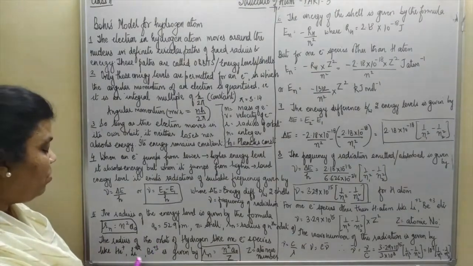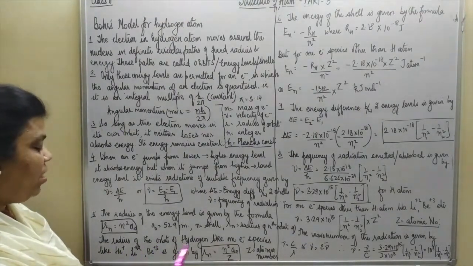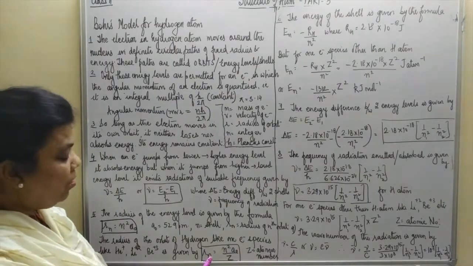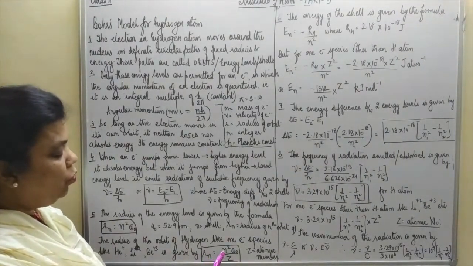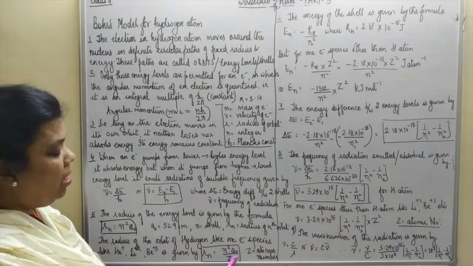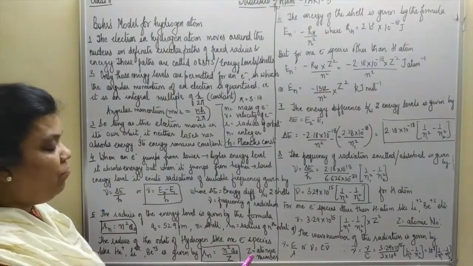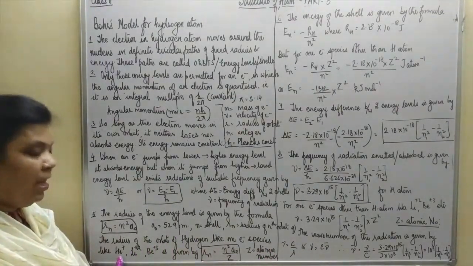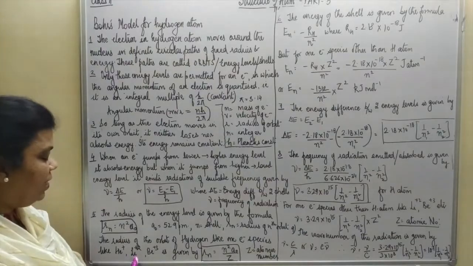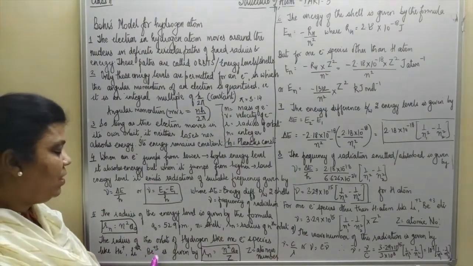For one-electron species other than the hydrogen atom, the formula for calculating the radius of the energy level is n square into a naught divided by Z, where Z is the atomic number. For example, for helium we take Z as 2, for lithium Z as 3, for beryllium Z as 4.